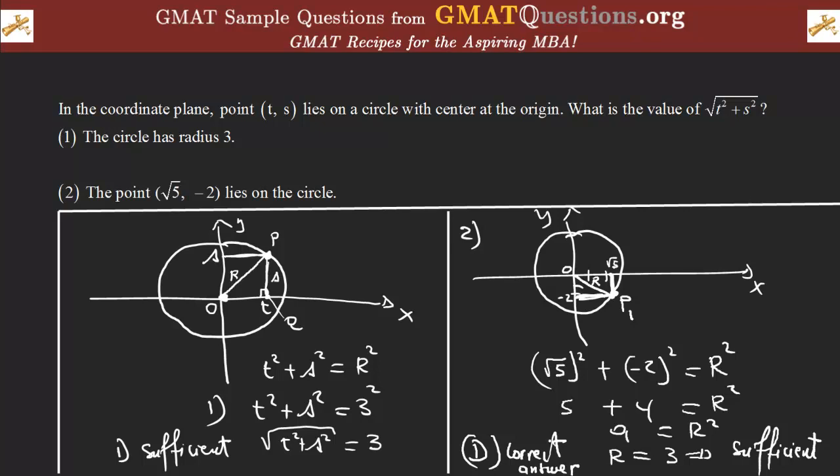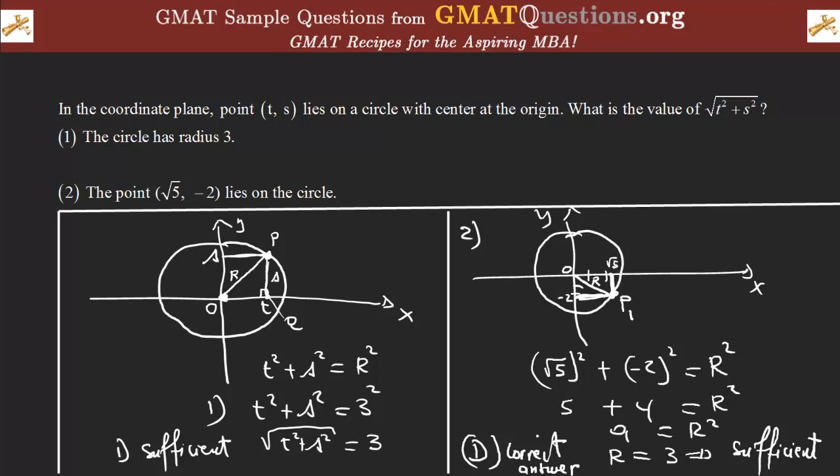Okay, so what we have learned here is that we can do the question the geometric way, using the drawing of a circle and using the Pythagorean theorem. Here you were able to find out how to draw the circle, how to put a point on a circle, and how to use a projection of the point on the circle to find the x coordinate and the y coordinate of that point.